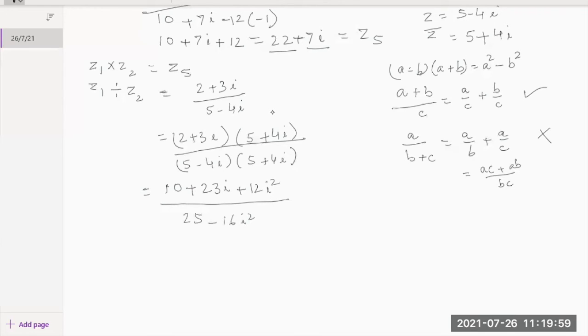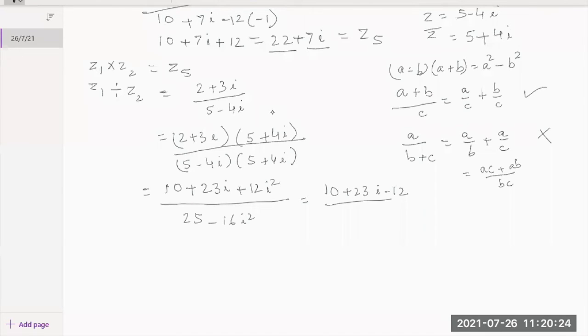Now, when I simplify it, you know that multiplication, addition and subtraction all in turn give you a complex number only. So now simplifying it further, I'm writing it as 10 plus 23i minus 12, because I'm replacing my i square by minus 1.